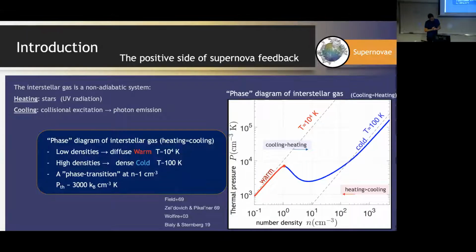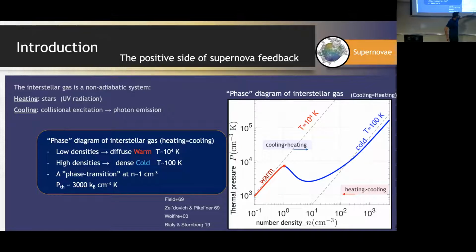Now, here is what happens if you consider the cooling and heating processes, and you ask yourself, at a given density or temperature or pressure, what is the solution if I ask what heating rate equals cooling rate? So this is the phase diagram, if you like, of the interstellar medium. Now we are talking about the neutral atomic gas.